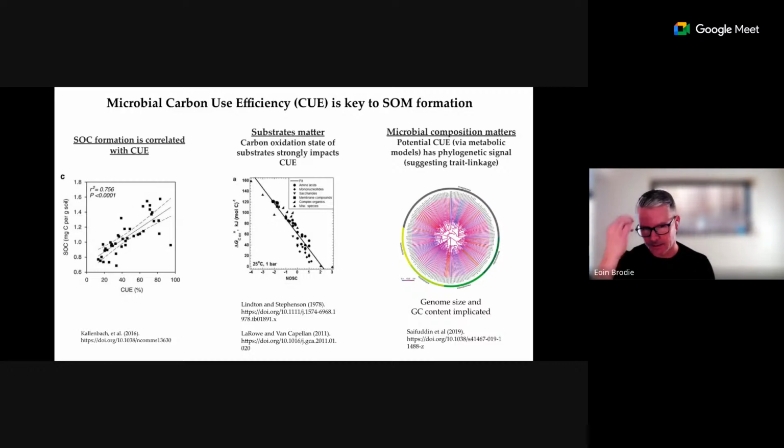And then metabolic modeling across hundreds of microbial genomes has shown that the potential carbon use efficiency, if you just consider flow of carbon through the whole metabolic network, is related to the phylogenetic origin of the organism. So that says that there's some sort of evolutionary history that's constraining carbon use efficiency. The point I'm making here is that there clearly are some evolutionarily conserved traits that can be related to carbon use efficiency. So we're going to go looking at some of those, what they are.